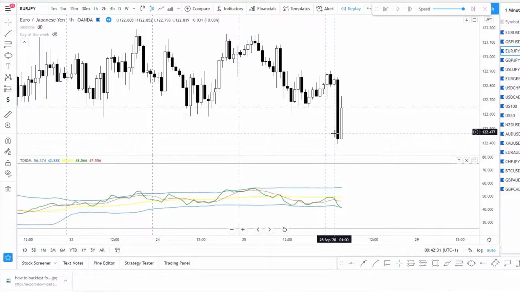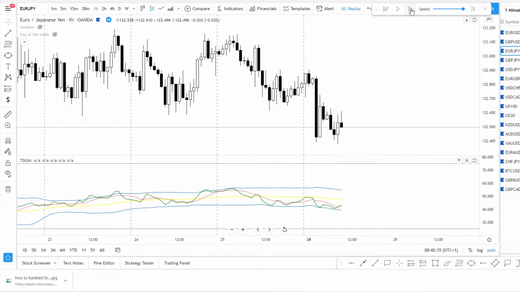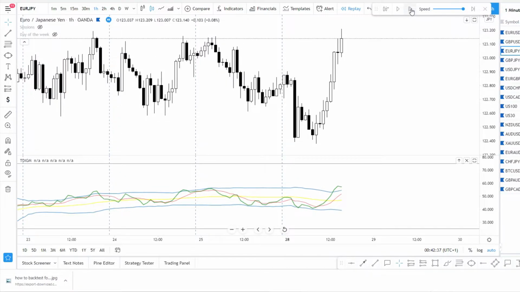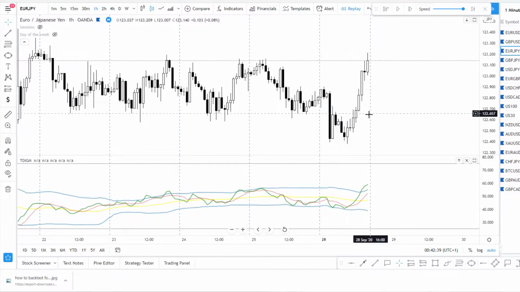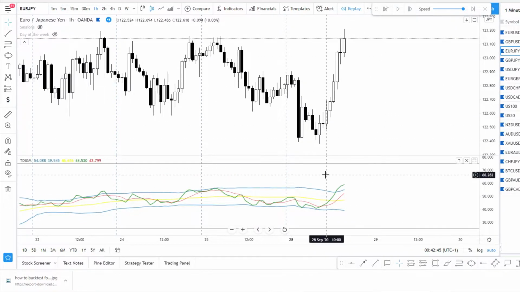And, well, this was looking good, and we can see now that we are waiting for a reverse or for a sign of reverse. Of course, it is not guaranteed, but it is highly probable.